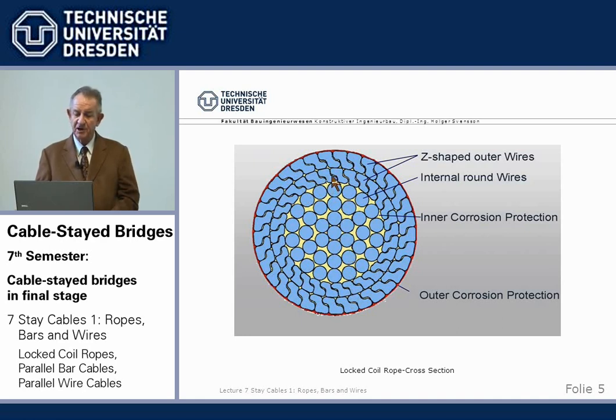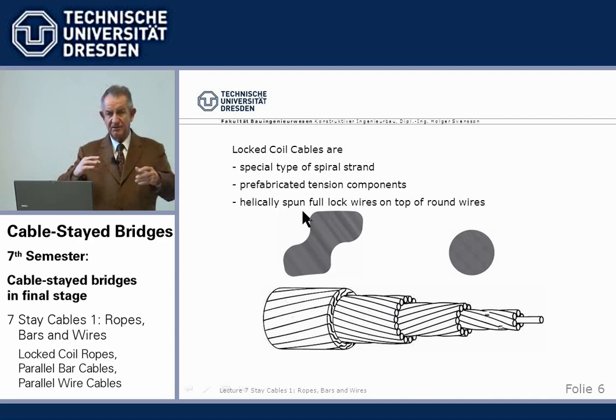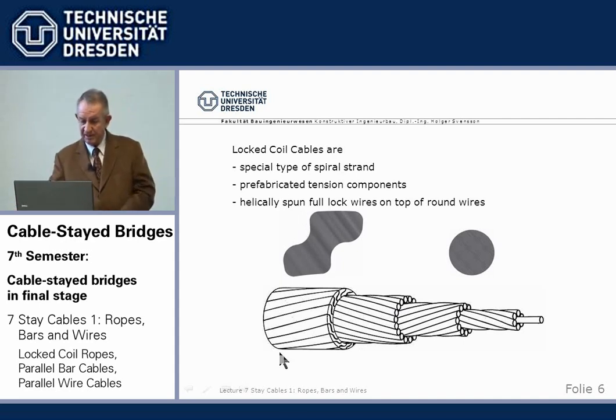Some time ago, there was an additional layer of square wires, which is not used anymore. Now, these wires are helically wound. They are not straight. You see it here. They have, so to say, they are placed in lays, one against the other.